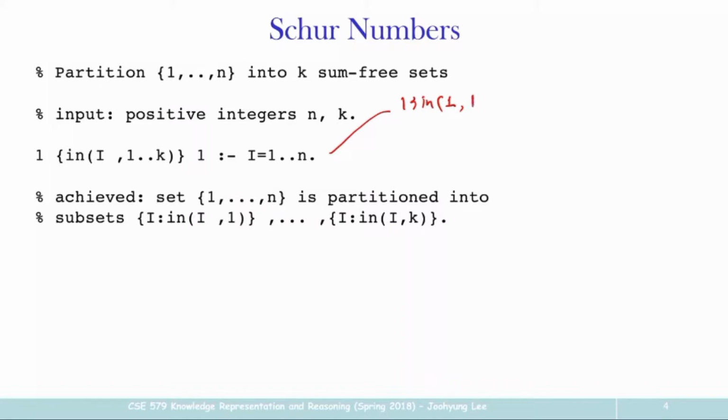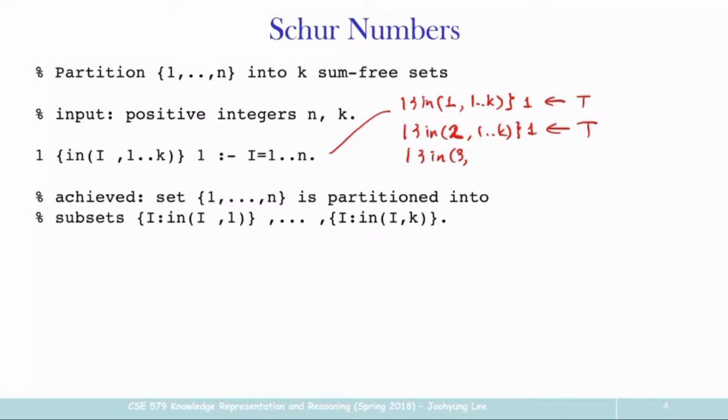So let's say just k as is. Here you have this, okay, and similarly. So this is assuming that n equals 3.